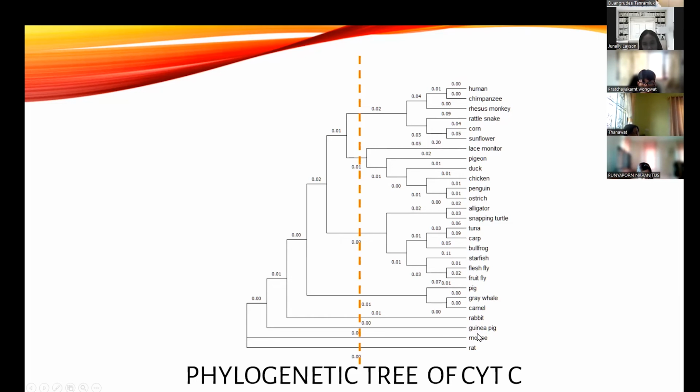This one is a mammal: human, chimpanzee, rhesus monkey, and it can go down to corn and sunflower later on. So normally you cut the tree and then you classify them into families of related species. And then there are more complex trees, like circular trees or some bushy trees.